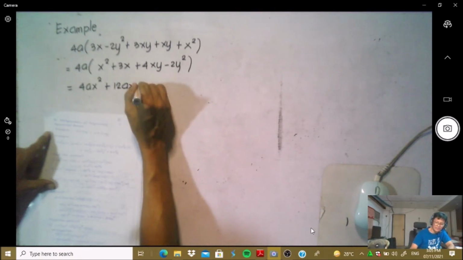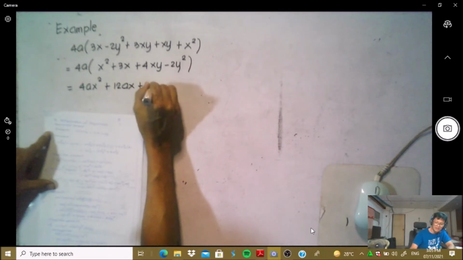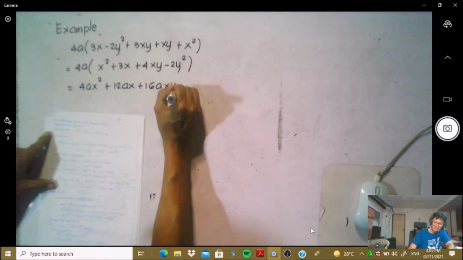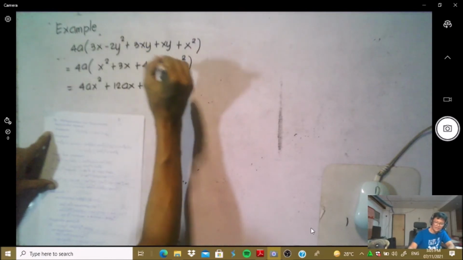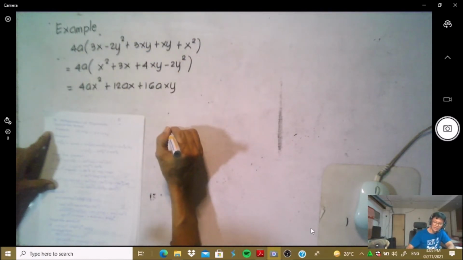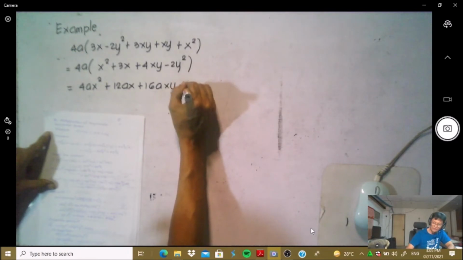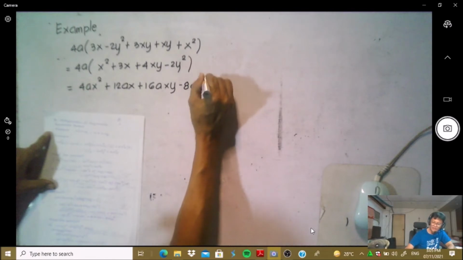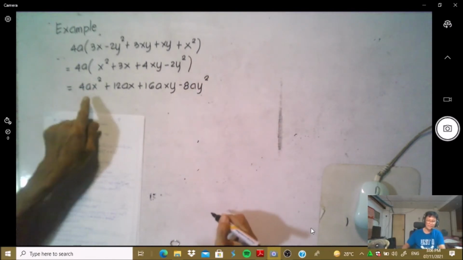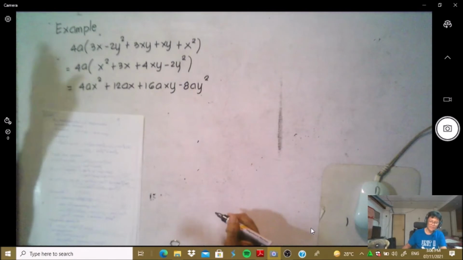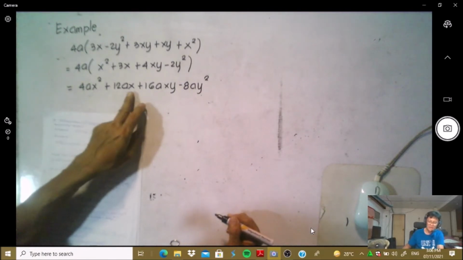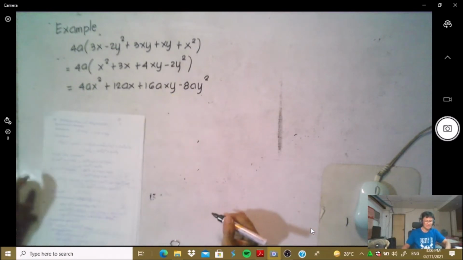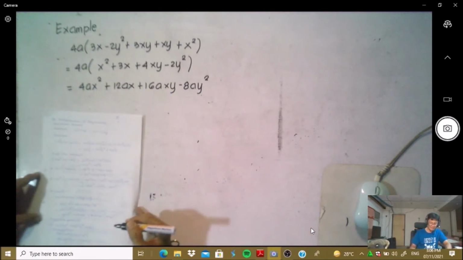This becomes 16axy. Then we have 4a times negative 2y squared will be negative 8ay squared. We have x squared, x, but we have y and y squared. Okay, so that will be the example.